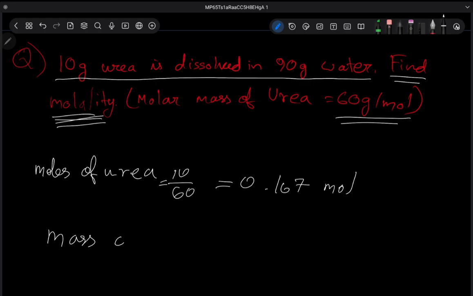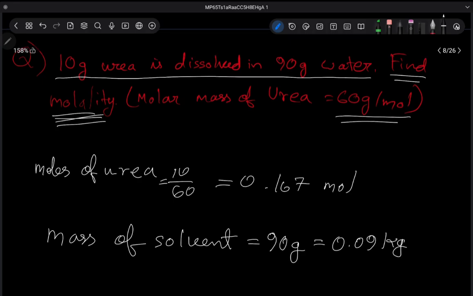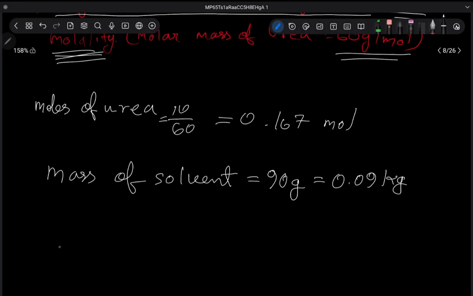Mass of solvent in kg, let's convert this, and we have to find the molality. It equals 0.167 divided by 0.09, which is 1.85.